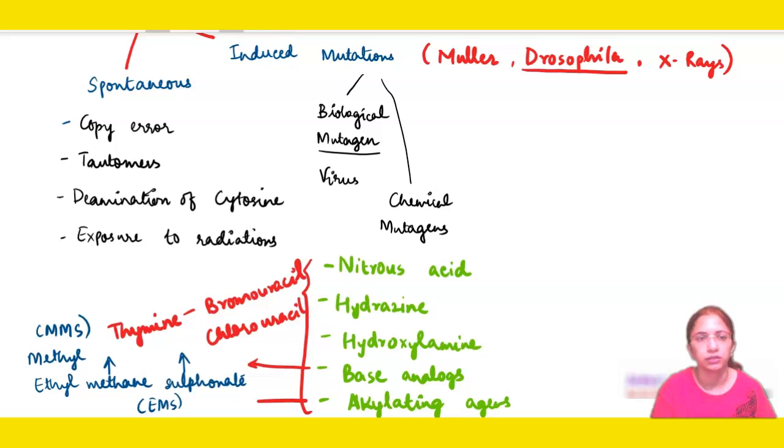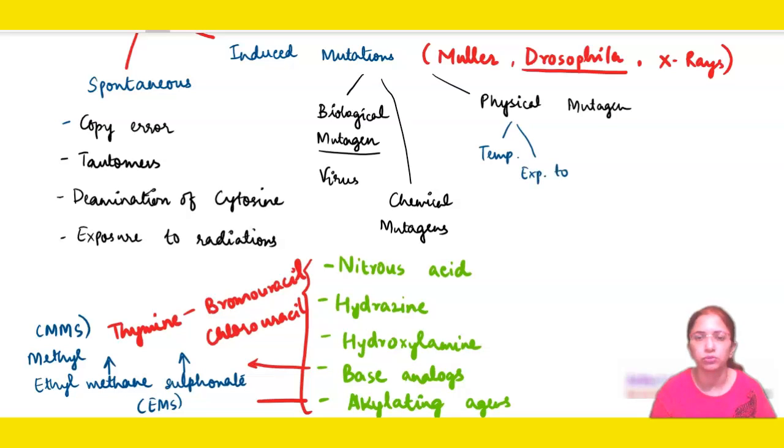Now the third type is the physical mutagens. Okay. Physical mutagens. And in this we can have temperature. Temperature is also used to induce mutations because high temperature will disrupt the genes and this will ultimately cause mutations.